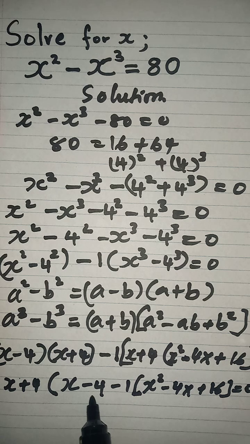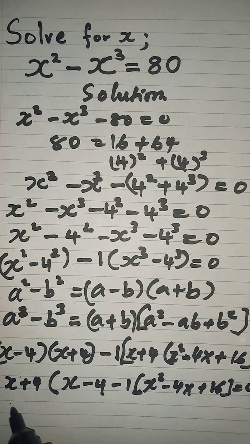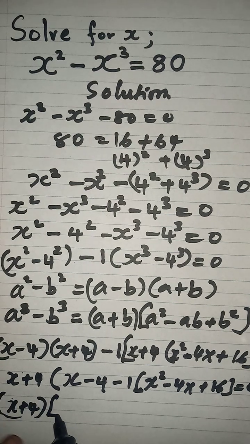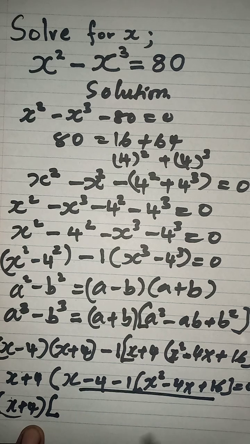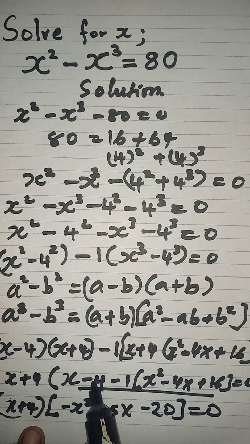So that means I can open the bracket here and collect like terms inside here. So it's going to change to x minus 4, open another bracket. If you collect all these like terms, you're going to get negative x squared, of course, plus 5x minus 20 is equal to 0. There's a minus 4 here, and if you open using this negative, this is going to change to minus again.